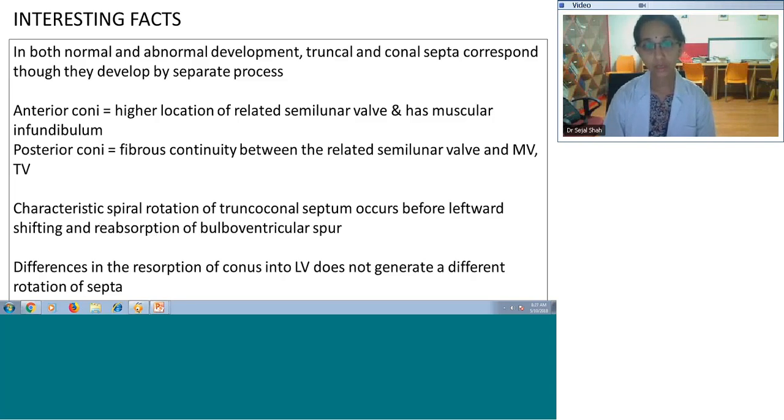So the spiral rotation occurs much before the leftward shift and the resorption of the bulboventricular spur. And also we have to understand that in abnormal situations, the differential in the resorption of the conus into the LV does not generate a difference in the rotation of the septa, both of which are independent.